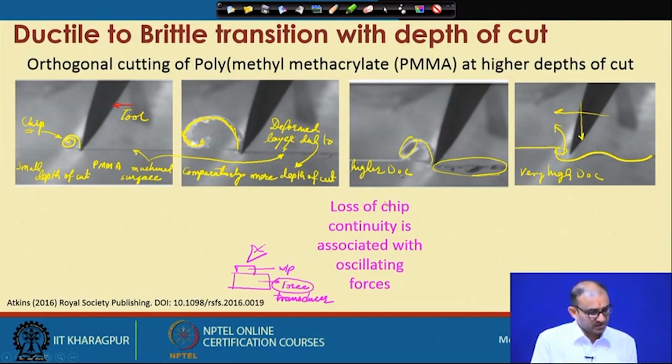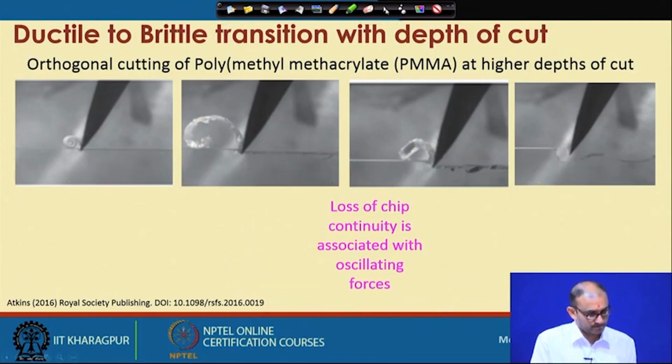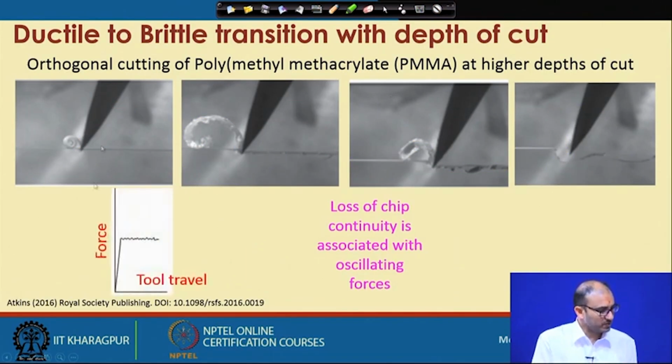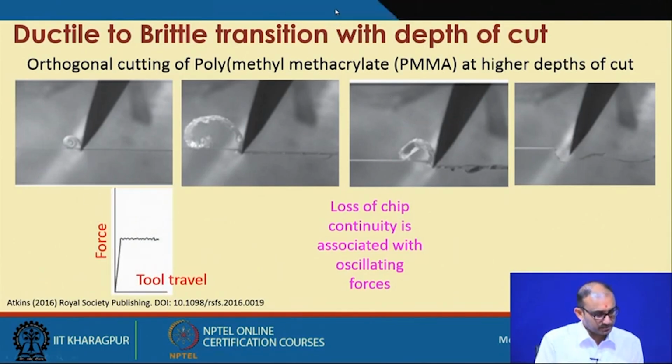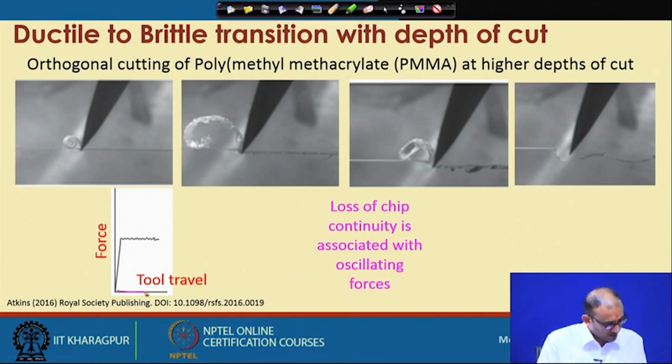So, let us draw a graph with respect to the travel of the tool on the x axis, and force on the y axis. This diagram belongs to the first cut. The tool is moving in this direction, and we are measuring the forces.